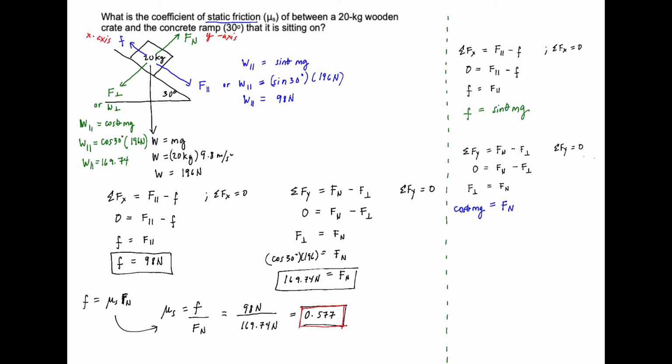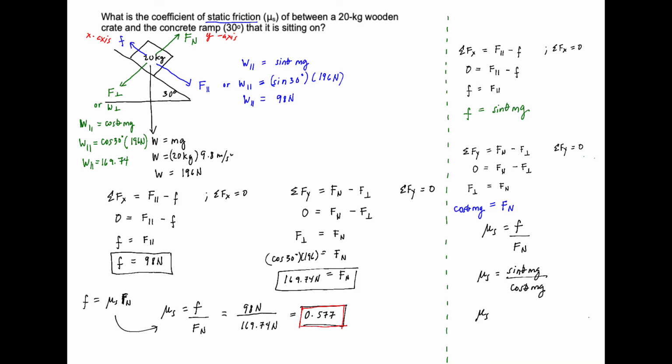And since we define mu s, the static, as F over Fn, we could have here the frictional force, which is sine theta mg, over cosine theta mg.